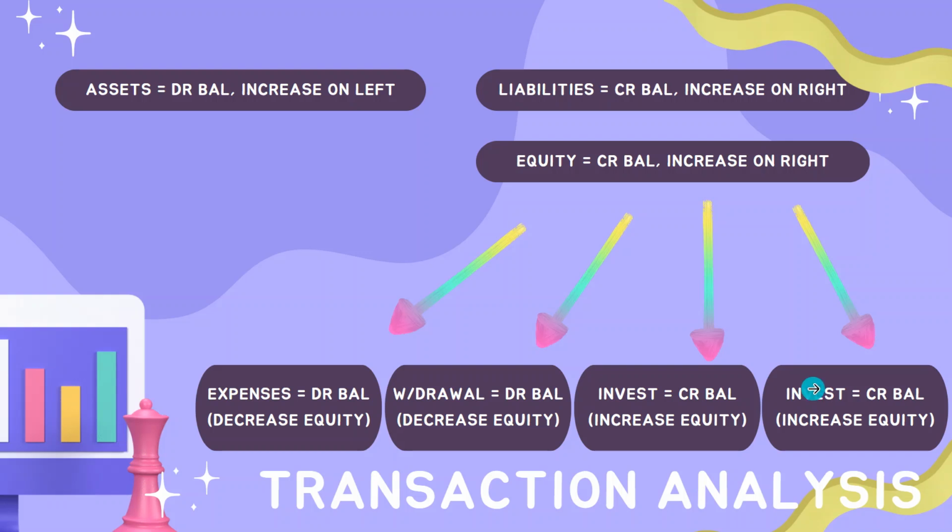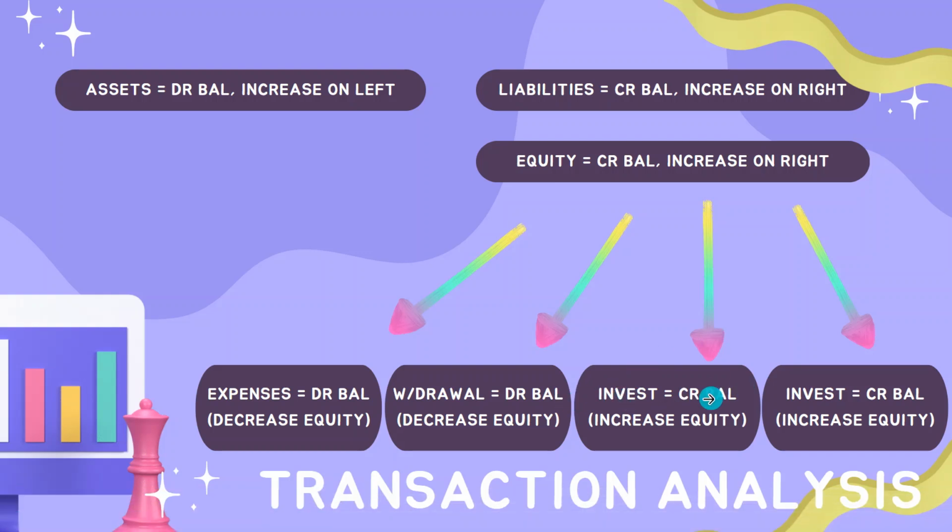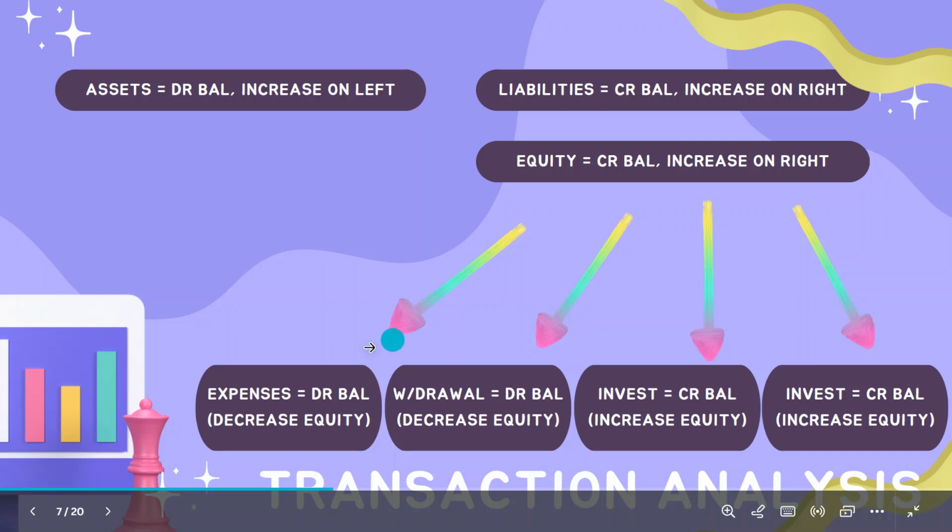These two don't affect your net income, they affect the equity. That's why these two aren't included. They're temporary accounts, but they're not included on the income statement because they don't affect how much money you've earned. Your revenue and your expenses affect how much money you've earned for the month.